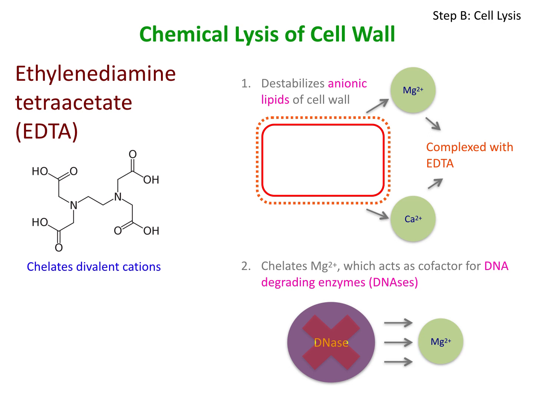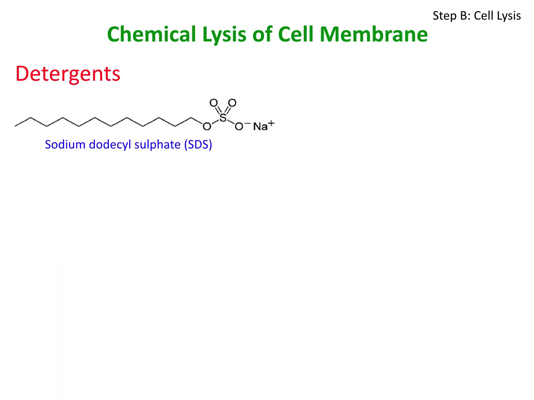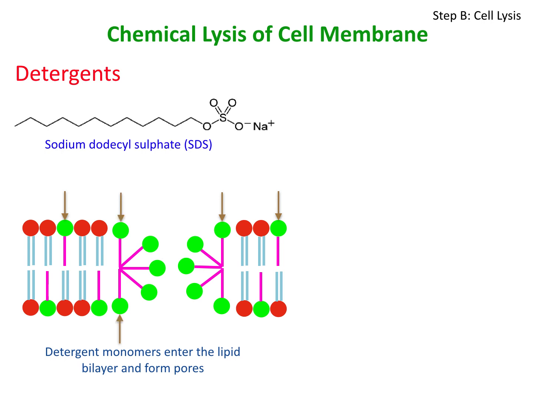Ordinarily, lysozyme and EDTA are sufficient to lyse bacterial cells, but a detergent, for example, sodium dodecyl sulfate, commonly called SDS, is also added to the lysis buffer. We know that the cell membrane is composed of lipid bilayer. The detergent molecules replace these lipid molecules in the bilayer and form micellar structures with these lipids, due to which the cell membrane structure is totally disrupted.